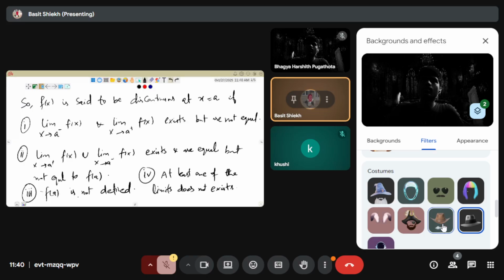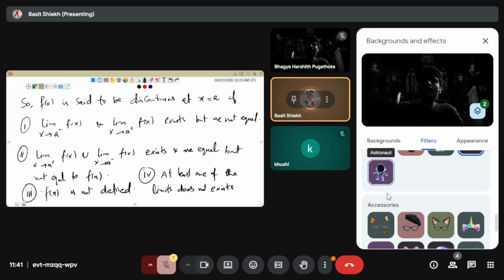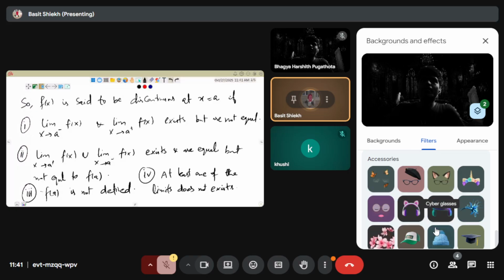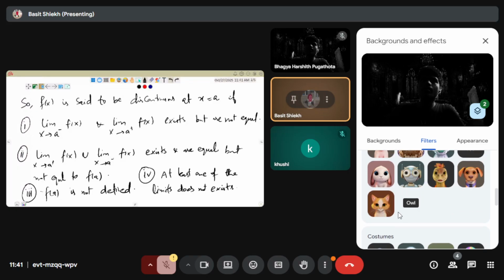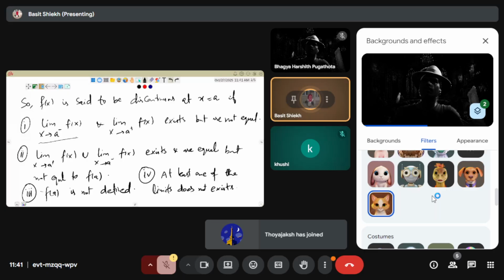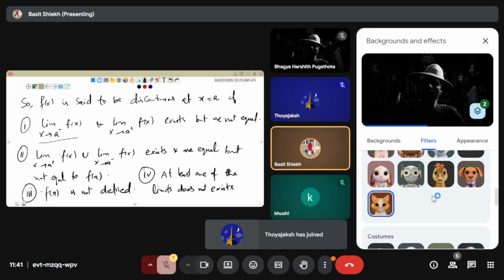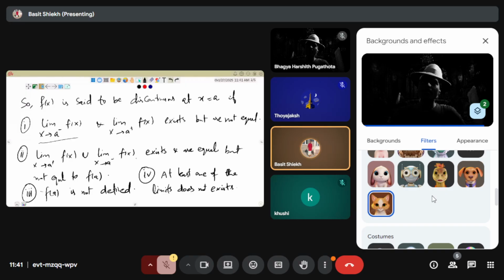The value of function at point a is not defined. So we will say we have discontinuity here also. And fourth is at least one of the limits does not exist. If either LHL does not exist or RHL, right hand limit, does not exist, then we say function is discontinuous.